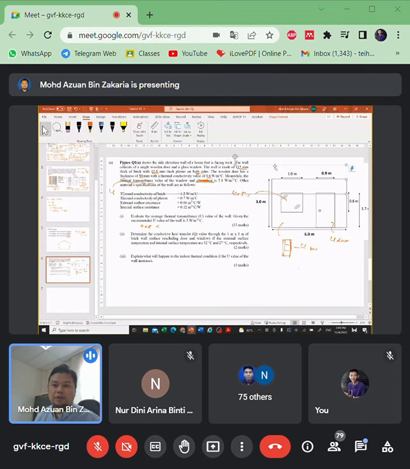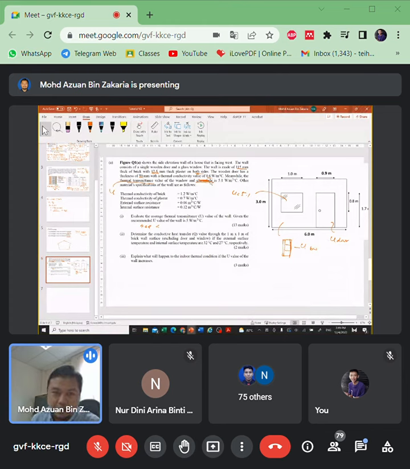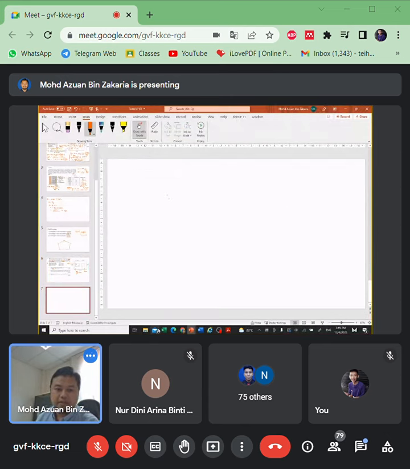Ignore the glass doors because there are no glass doors. From here you can calculate using the given thermal conductivity of brick and so on. So we calculate the brick wall first. Step number one.